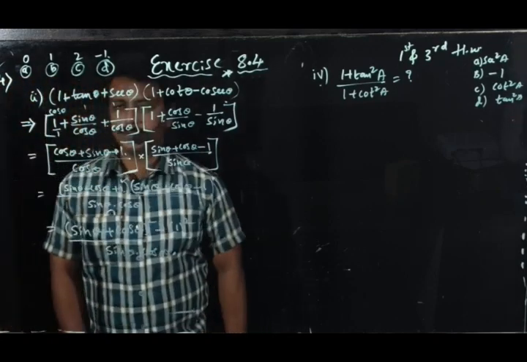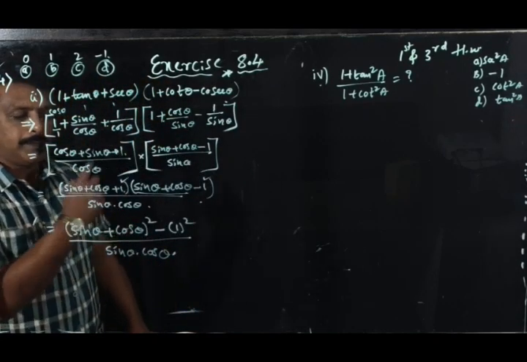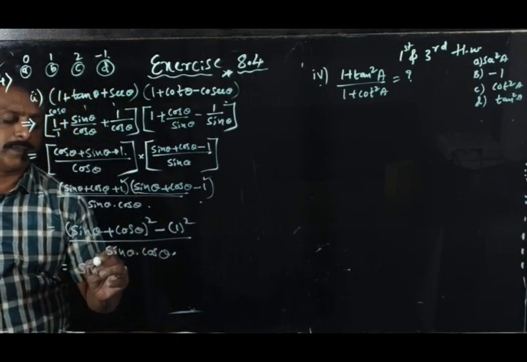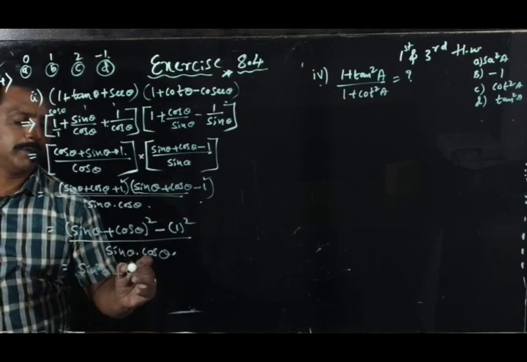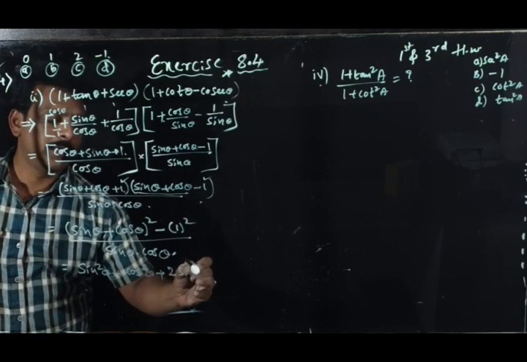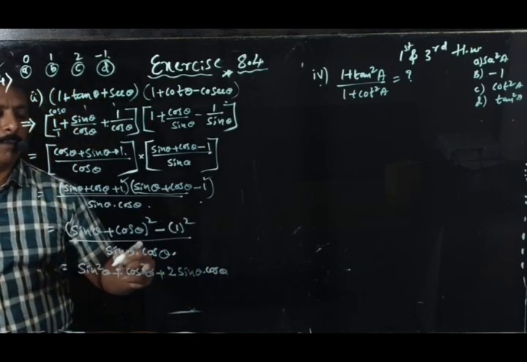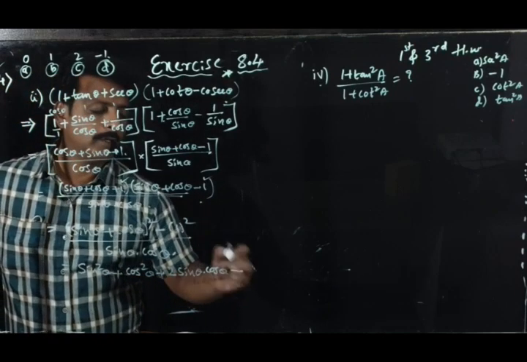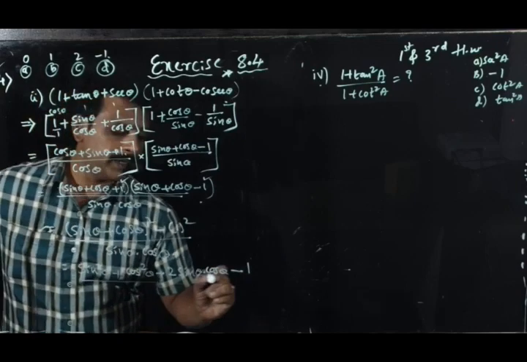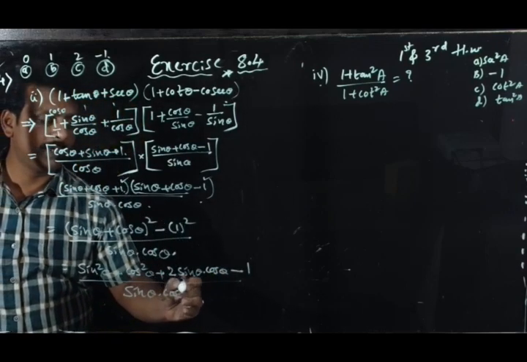No change in this. Now (A plus B) whole square can be written as A square, that is sine square theta, plus B square, that is cos square theta, plus 2 into sine theta into cos theta. Minus the square of 1, which is 1. Then whole divided by sine theta into cos theta.